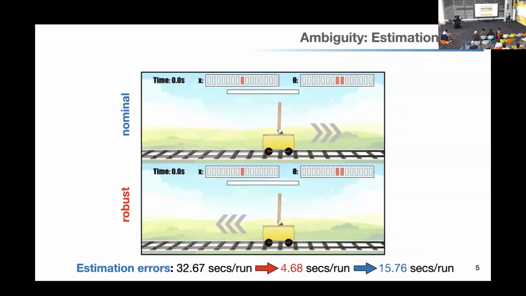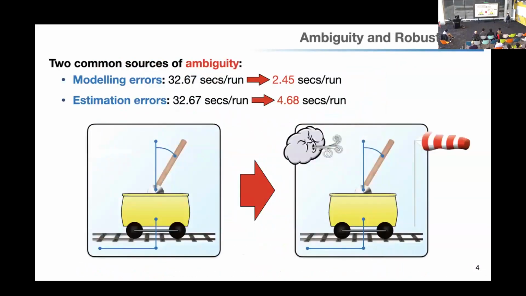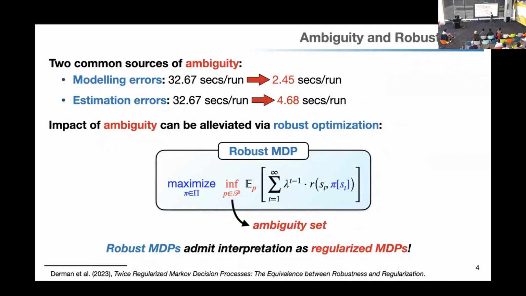All right. So going back briefly to this slide, so far, the purpose of my talk has been to try to convince you that when we want to implement Markov decision processes, ambiguity is probably an issue that we should be concerned about. And robust optimization, and in this case, robust Markov decision processes, are one approach to alleviate the negative impact of ambiguity.